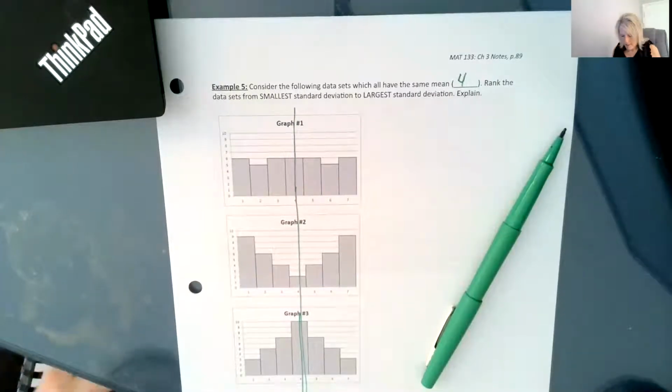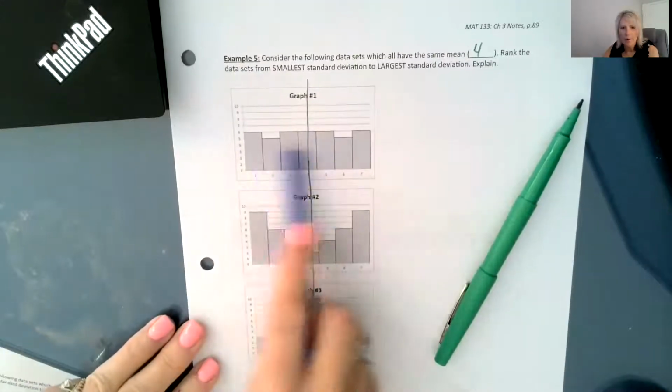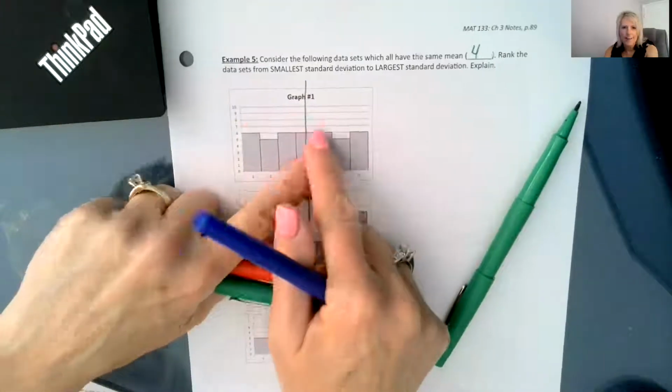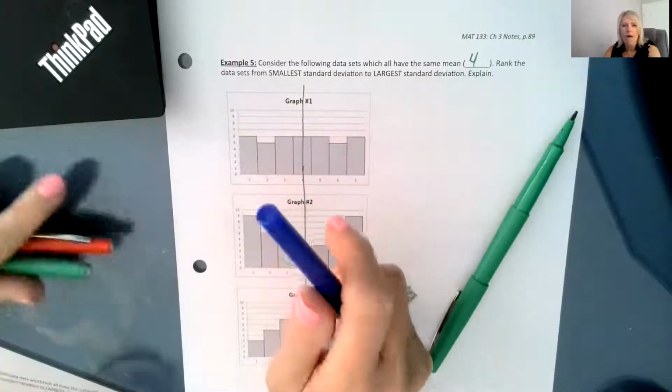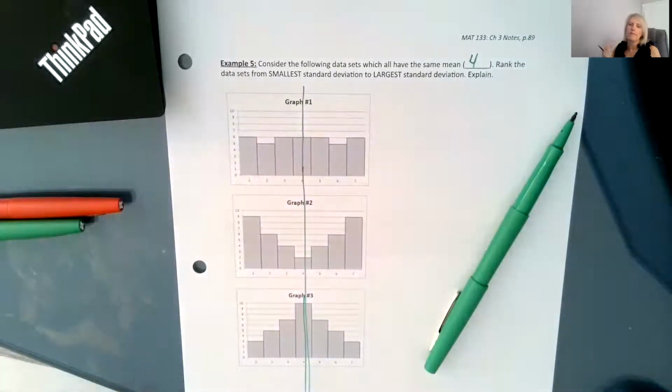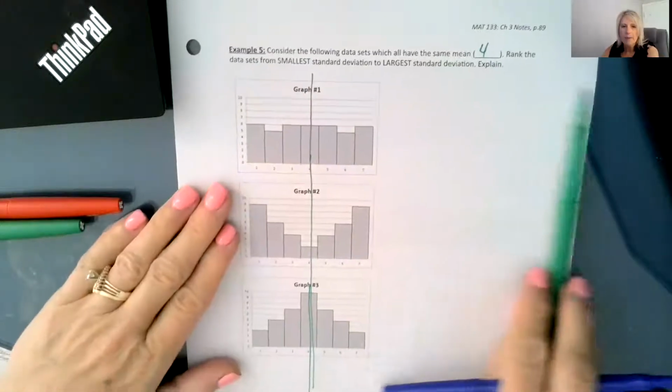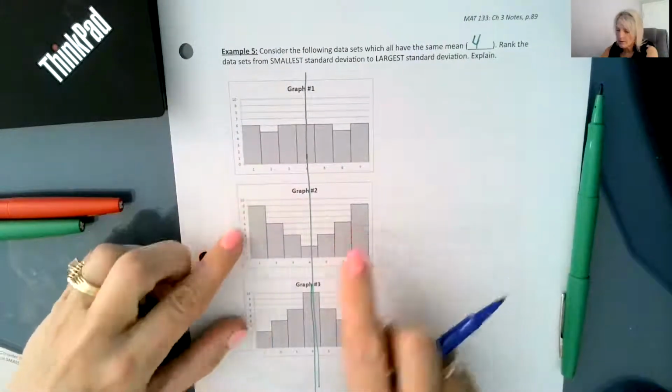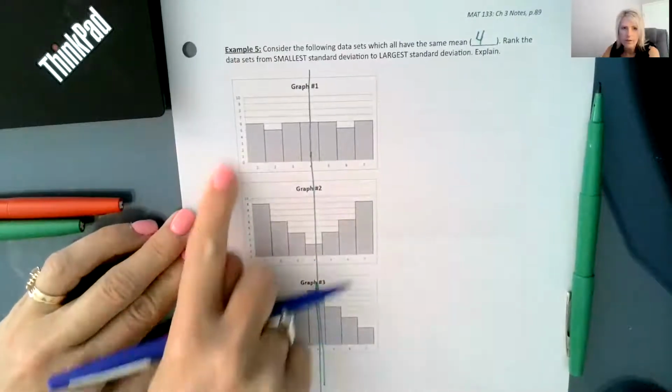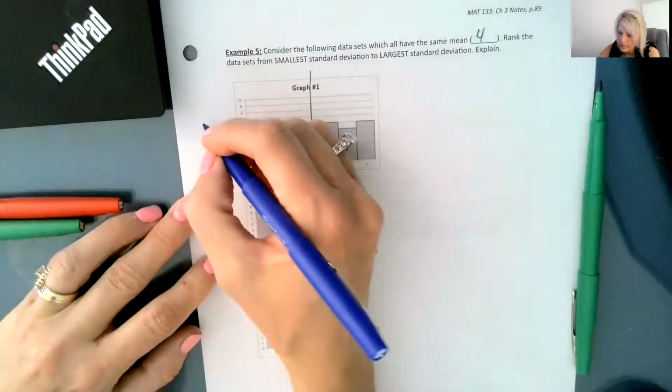At first glance, everybody wants to say this one because they're all even. But it's actually which one has the most number of data values. Remember this over here on the vertical represents the number of data values.